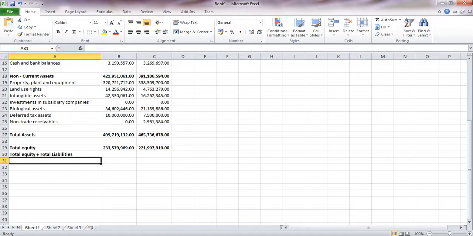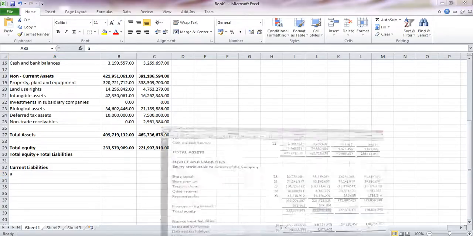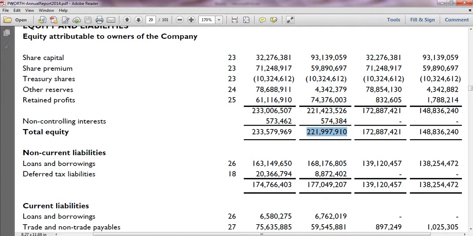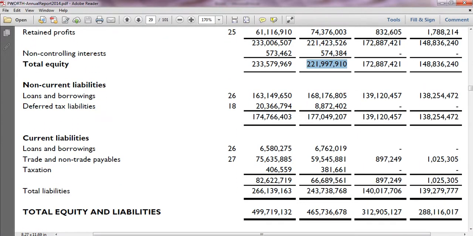So the next one definitely comes with current liabilities. There are some bad things over there. You need to do some things like this. Okay. So current liabilities is much smaller. So loan and borrowings.